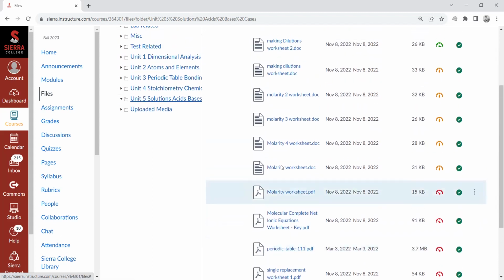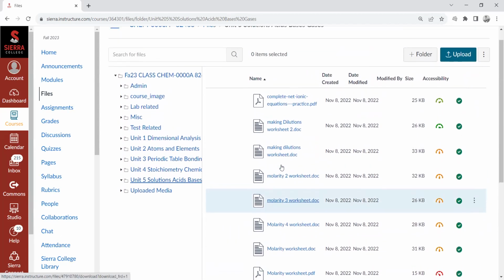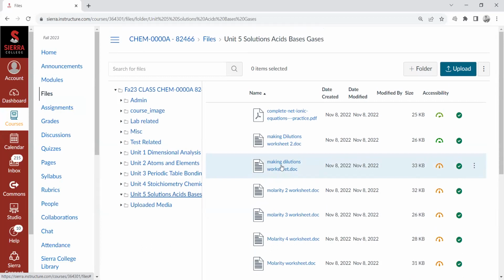You have a number of molarity worksheets, making dilutions. Those are all good worksheets with answers. Some of them have setups, some of them don't. I did not create those, I found those. Some of them have just the answers, some of them have a setup as well. But definitely those are candidate questions for Friday.